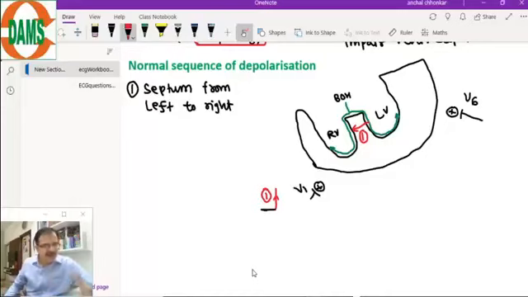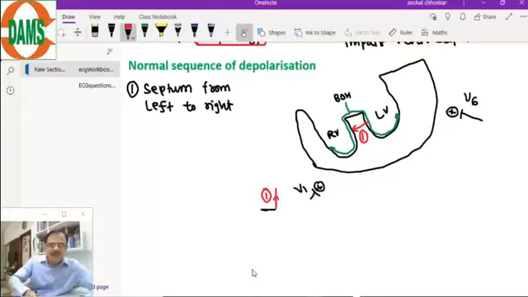Why left to right? It is physiological that the septum is depolarized from the left bundle. And the septum is a very thin, very small area, so it produces a small deflection, a low overall amplitude of current.